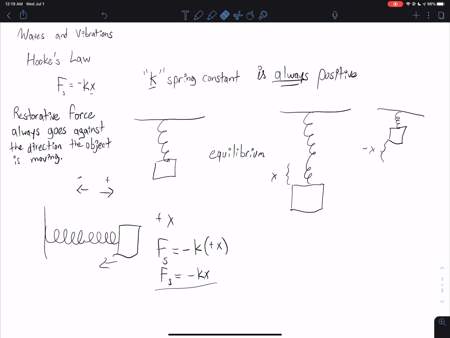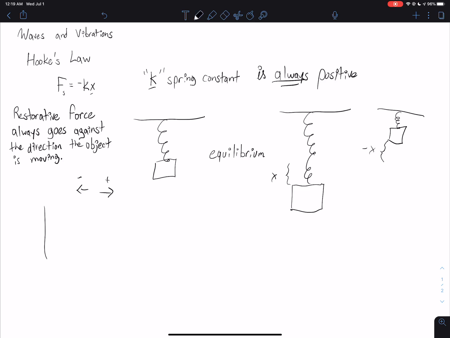So now let's check the second scenario. The second scenario is when we compress our spring, right? So now our spring is compressed, and now our x is negative. So if our x is negative, the same equation is going to be equal to negative k times a negative x.